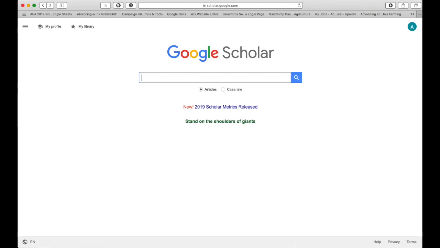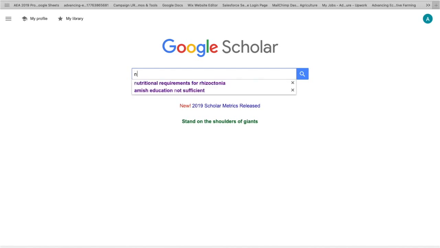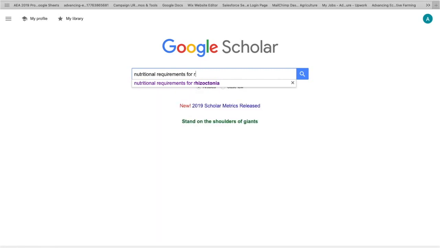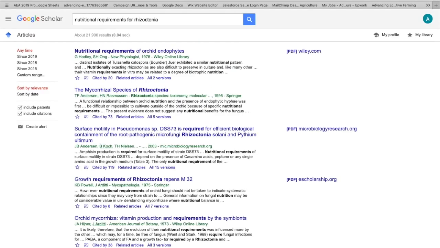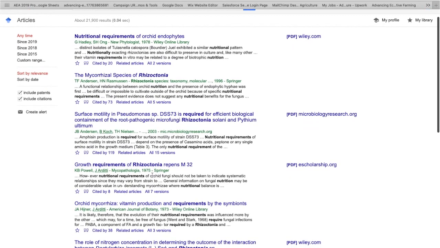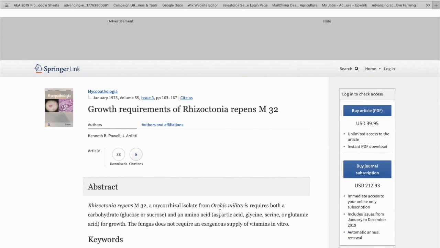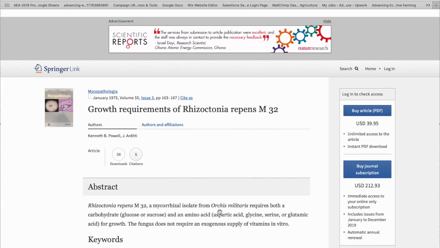First, I identify the specific organism that I want to understand well, such as a specific species of Xanthomonas or Pseudomonas or Rhizoctonia. Then I will do a search for nutritional requirements of, and the specific name of the organism. Very often, not always, but often, with some digging and searching, we'll be able to find that a specific organism has requirements for a specific amino acid profile or a specific carbohydrate profile.